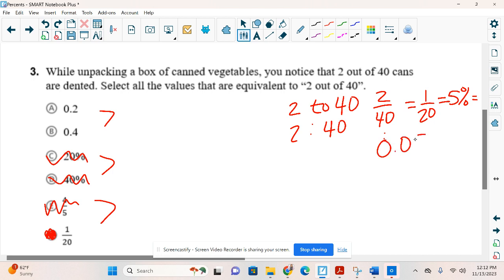You get 500ths, right? Is this any of those decimals right there? So we only get one answer, right? You have to be careful because sometimes it might be all the answers. Sometimes it might be one, sometimes it might be two. Because it says select all, so they're trying to throw you off.